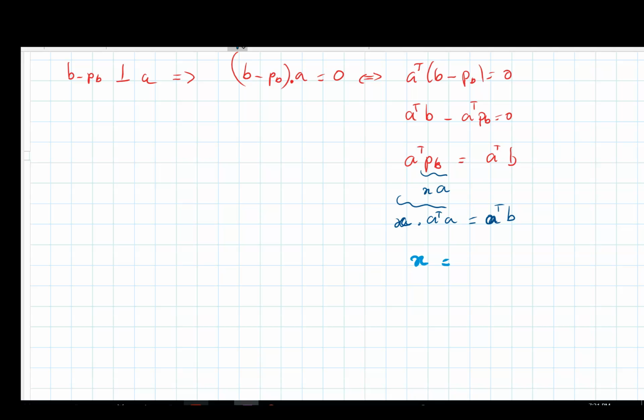It's going to be given by A transpose B divided by A transpose A.